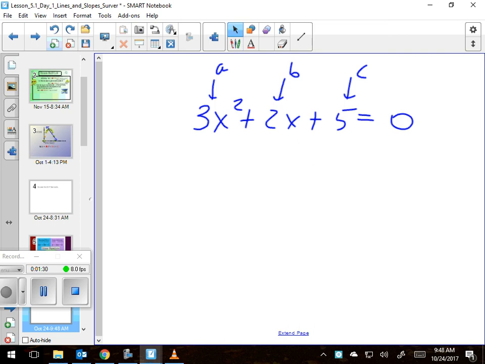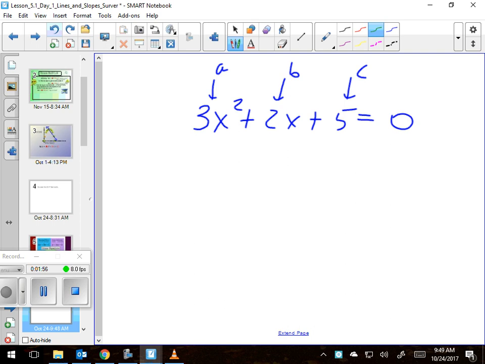And a lot of people like it because, do you remember that the x-intercept is where y is 0? This is where y would normally be, but it's already been set to 0. That means I'm going to find my x-intercepts with this. That's what this is good for, it'll tell me my x-intercepts, if I can factor it.